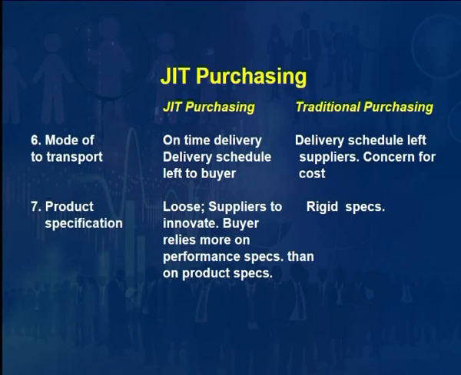In JIT purchasing, there is on-time delivery, that is, the delivery schedule is left to the buyer, whereas in traditional purchasing, the delivery schedule is left to the suppliers and there is always a concern of cost. With respect to product specification, in JIT purchasing, it is loose. For example, the suppliers themselves innovate their products and the buyer relies more on performance specifications than on product specifications, whereas in traditional purchasing, there are rigid specifications.